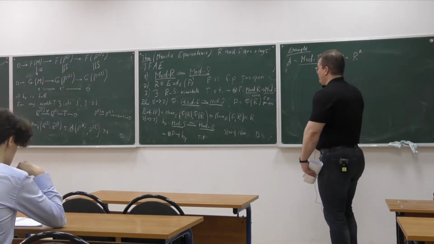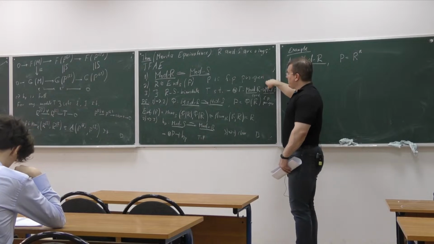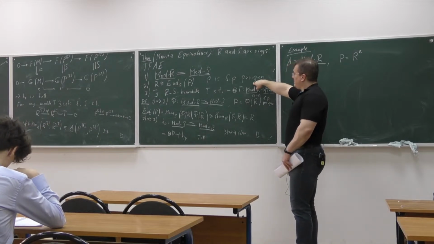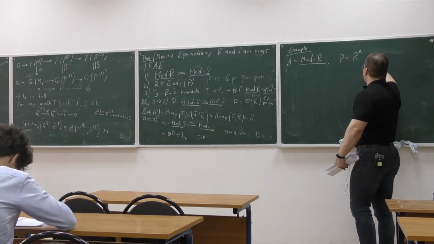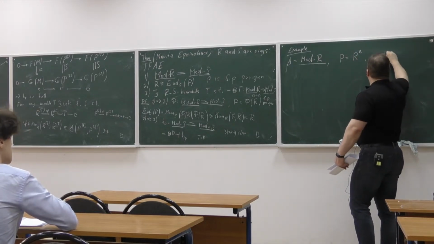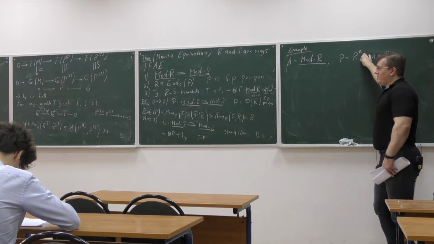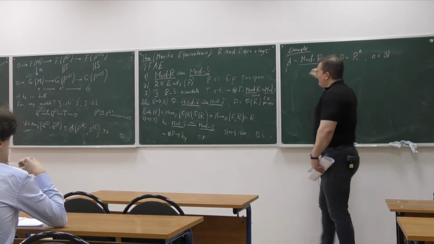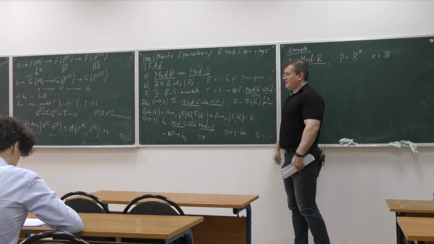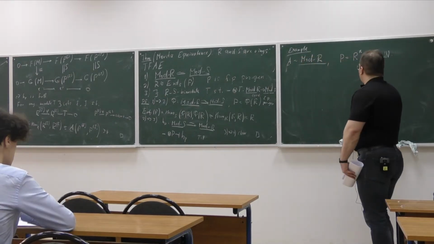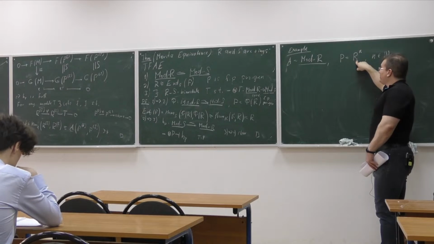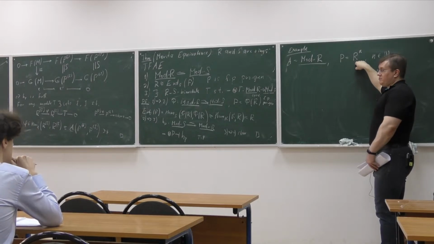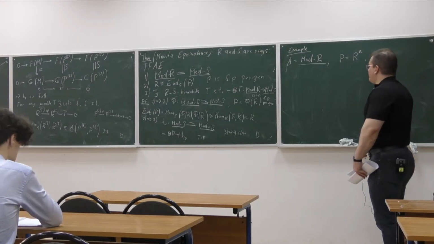Then, if you look at the second part, n is a natural number. Notice this has to be a finite number, otherwise this object won't be finitely presented. And of course this is projective, this is a free module. And of course this is a generator, because even R is a generator. So if you add something to the generator, it's still a generator.